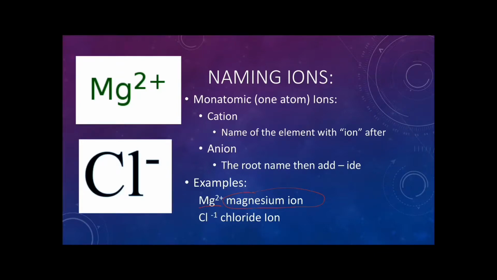With chlorine, we made it a -1 ion, so we called it chloride. So this is chlorine. We took off the INE and put IDE, so now we call it chloride.